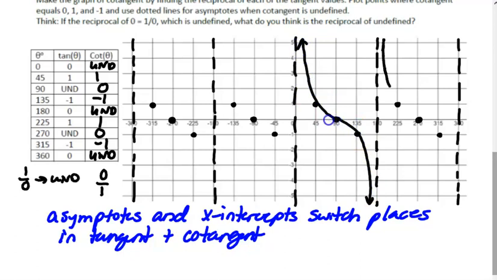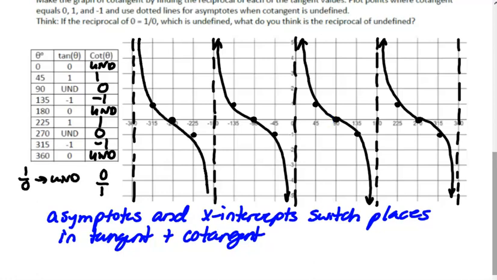So curve one way to the x-axis, then change and curve the other way below the x-axis. So this is what the graph looks like for cotangent. Oops, I kind of missed that one. Let's try that again. There we go. Lovely, elegant curves again.